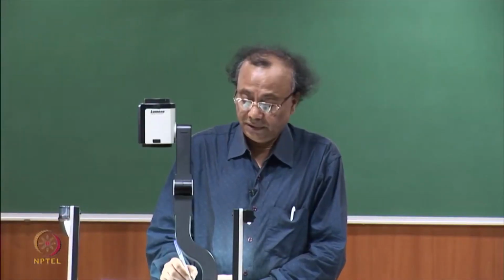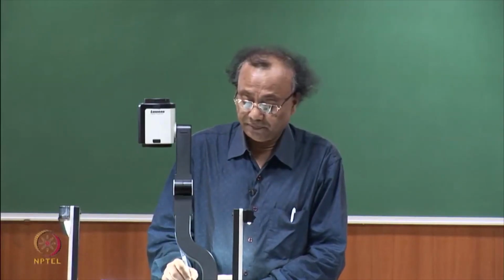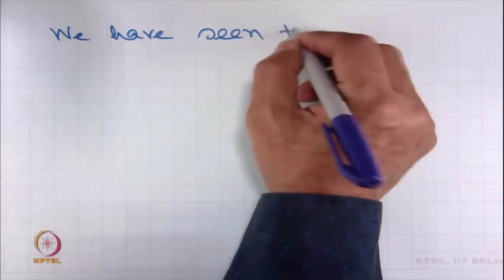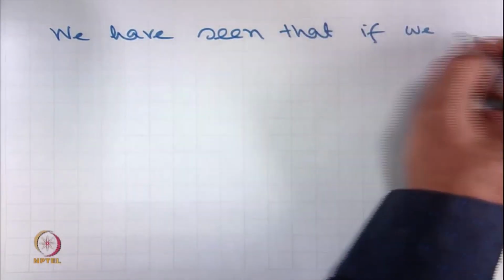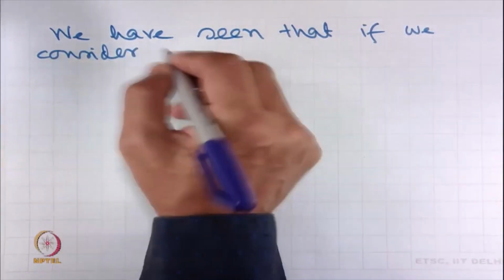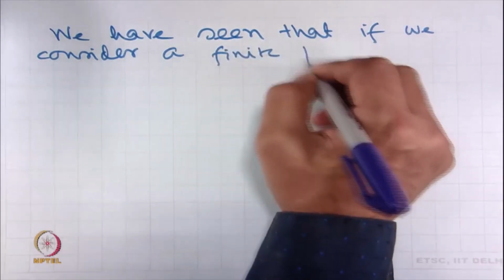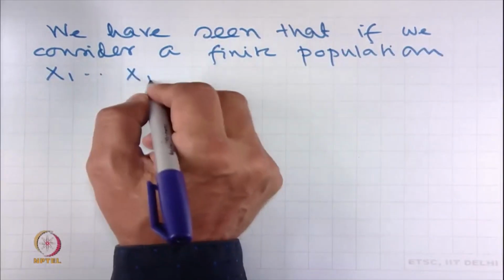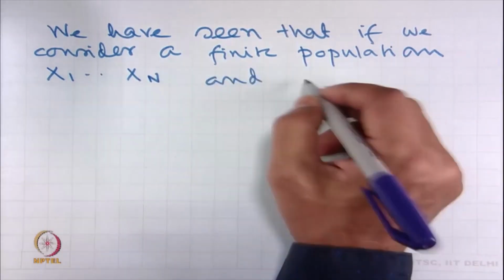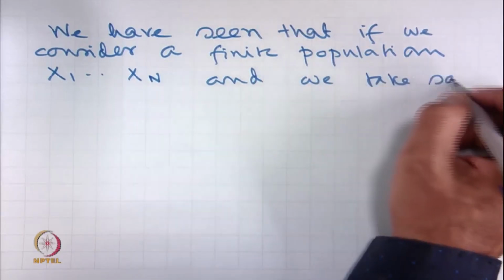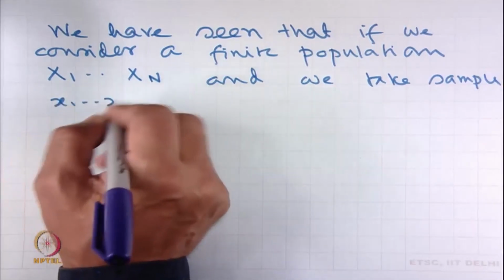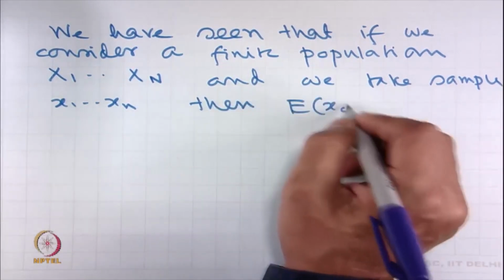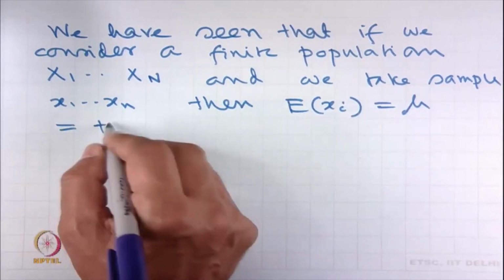We have already seen some estimators. If you remember, if we consider a finite population x1, x2 up to xn, and we take a sample x1, x2 up to xn, then expected value of each xi is equal to mu, the population mean.